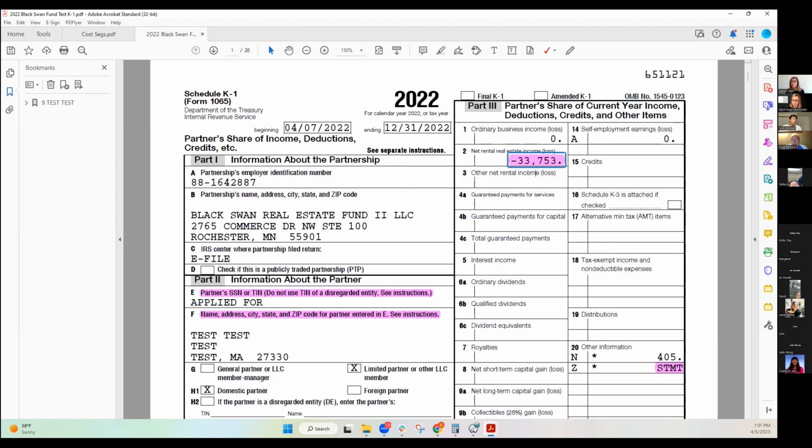Now, there are certain nuances due to depreciation recapture. Some is going to be recaptured at your ordinary tax rates, and some is going to be recaptured at up to 25%. So it depends on what your ordinary rates are personally, and then it's going to be capped at 25%. And then any gains in excess of depreciation recapture are just going to be at long-term capital gains rates since the property was held for more than a year.